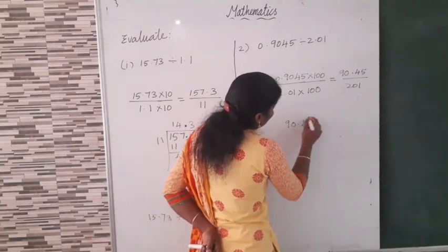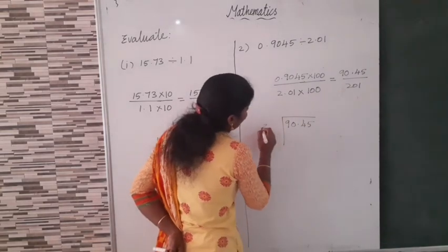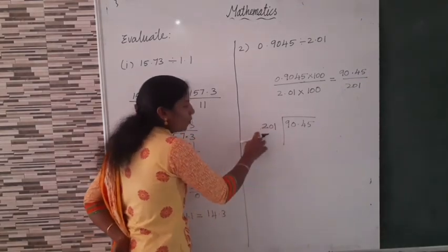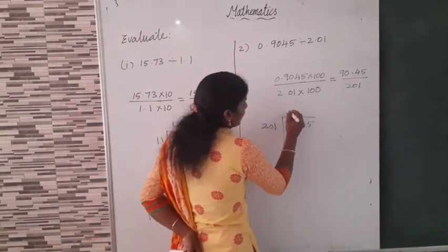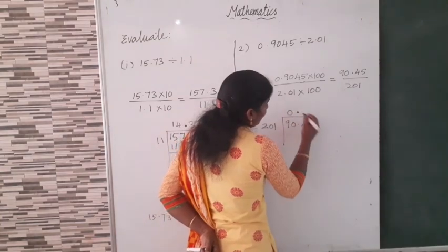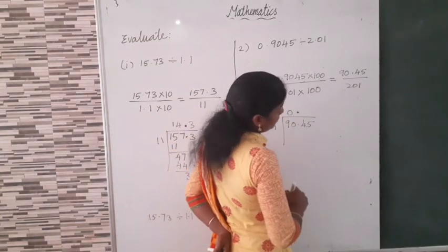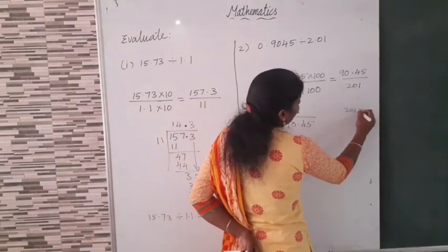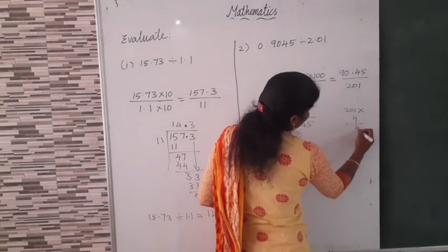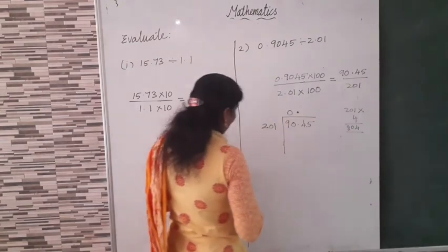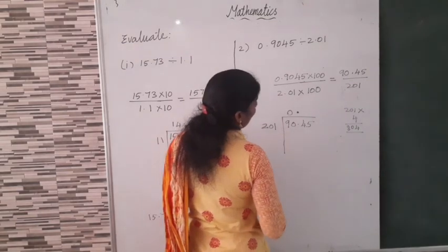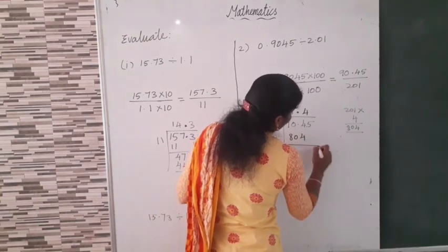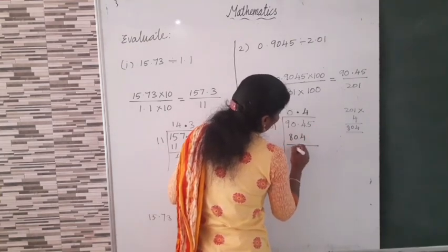90.45 divided by 201. Listen, this 90 is less than 201. So here 0 point. Now we can take these 3 digits together. Now 4 times 201. 4 2s are 8, 804. So 4 times 804. Now we can subtract, 0, 0, 1.